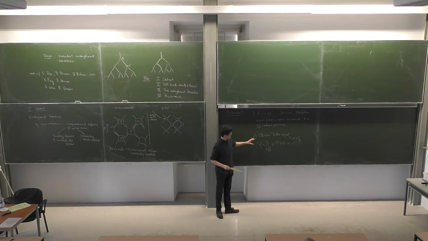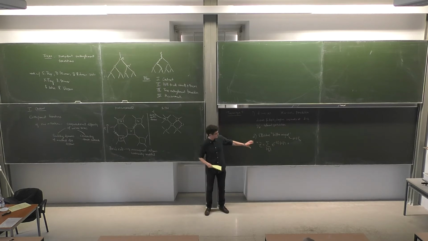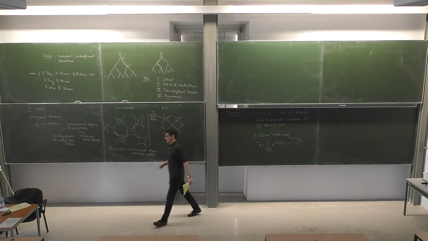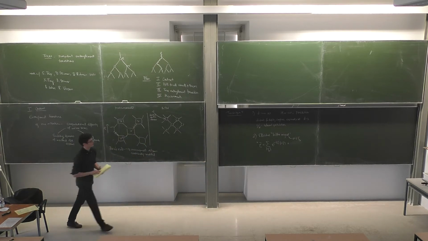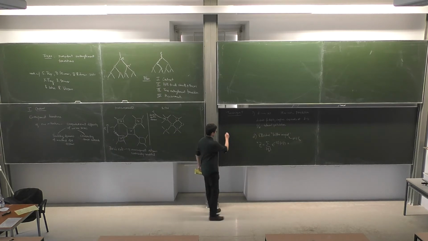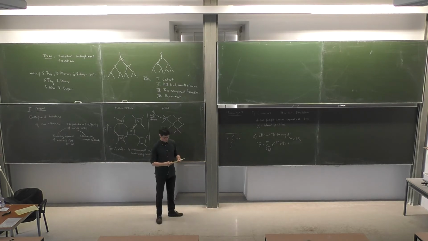So this picture is very powerful, particularly in the entangled phase. In the entangled phase, this gives a very nice picture in terms of domain walls in this sigma degree of freedom, which you can use to calculate all kinds of stuff.